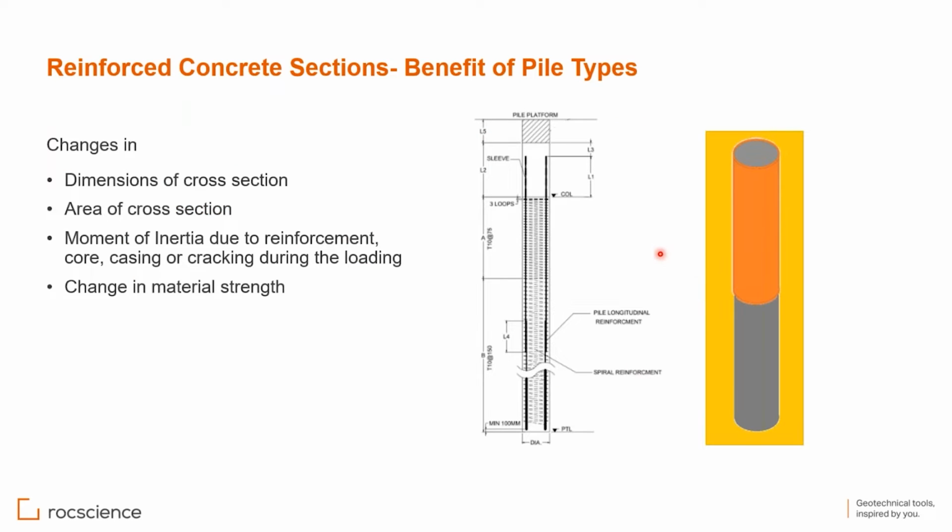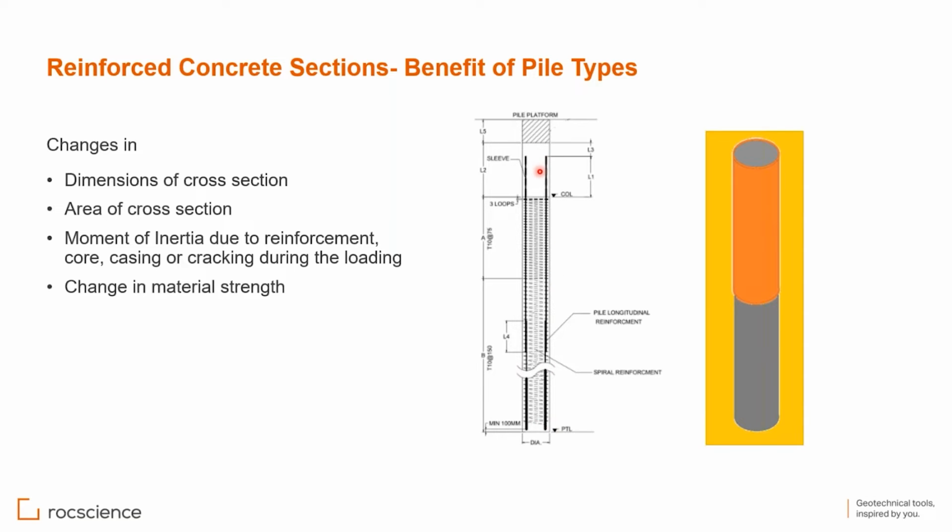Now, after you define your sections, you need to define your pile type. What is a pile type? You are all familiar, in fact, with a pile design. In a pile design, you may have different reinforcement through the depth. You may have different section diameter, for example, or section dimensions with the depth. Maybe you have enlarged bays at the bottom.